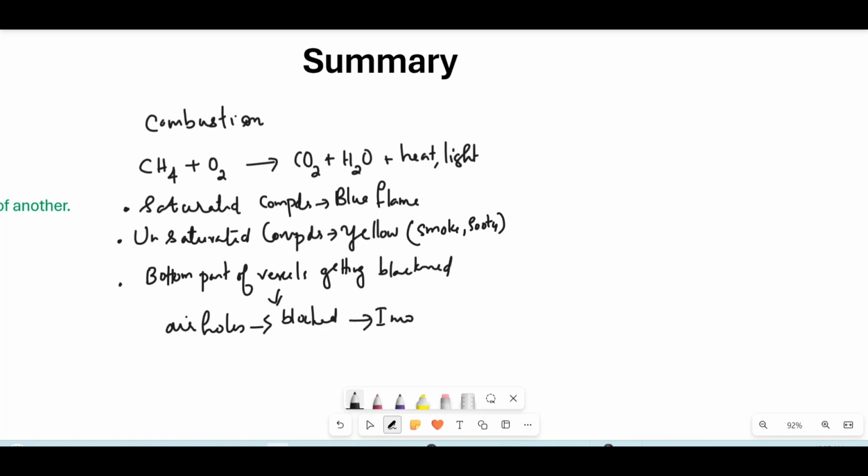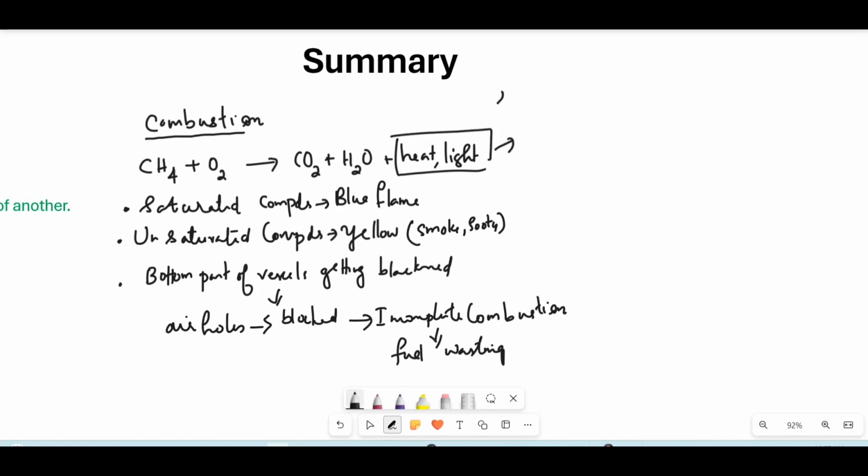Incomplete combustion takes place, so fuel is getting wasted. Then one more point you can write: a large amount of heat and light is produced in combustion reaction, that's why these hydrocarbons are used as fuels.